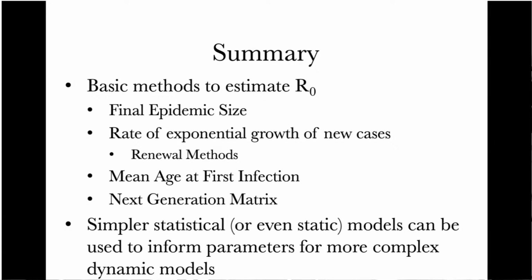And then, for instance, in most of these methods, you would have had to estimate certain parameters. How can we be sure that whatever we are getting from observed data is unique enough to estimate R naught?